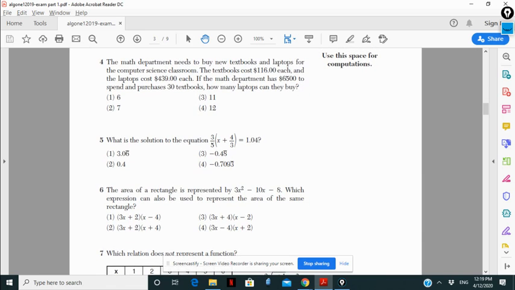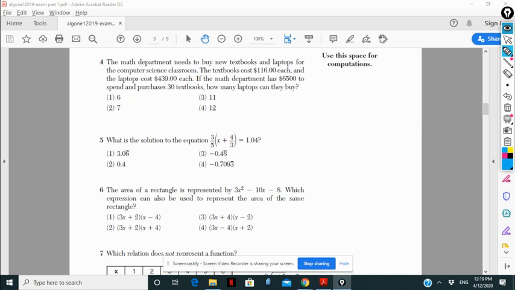Question number 4. The math department needs to buy new textbooks and laptops for the computer science classroom. The textbook costs $116 and the laptop costs $439. If the department has $6,500 to spend and purchases 30 textbooks, how many laptops can they buy?